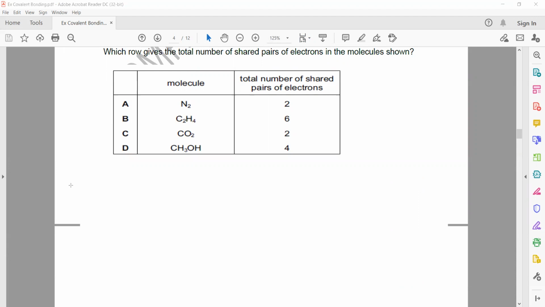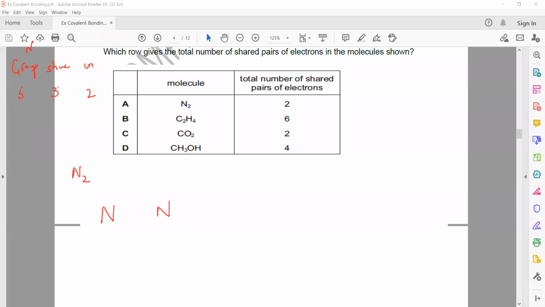So first it is N2, nitrogen. Nitrogen belongs to group 5. If it belongs to group 5, it will share 3 electrons and the unshared will be 2. So when we draw the structure of the nitrogen molecule, N2, we draw the first nitrogen and the second nitrogen.